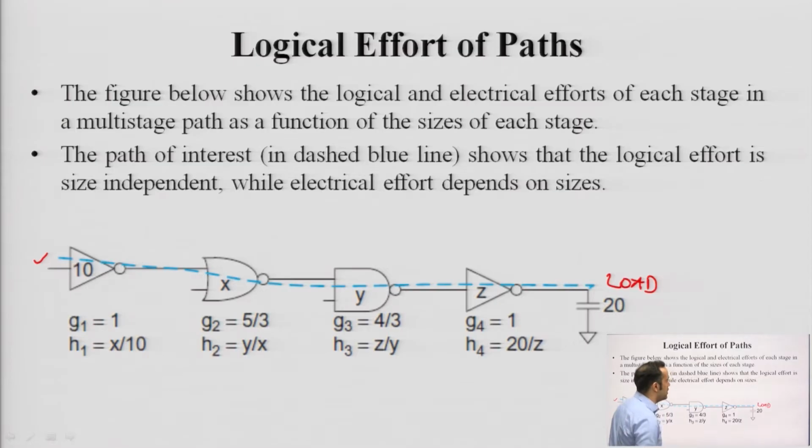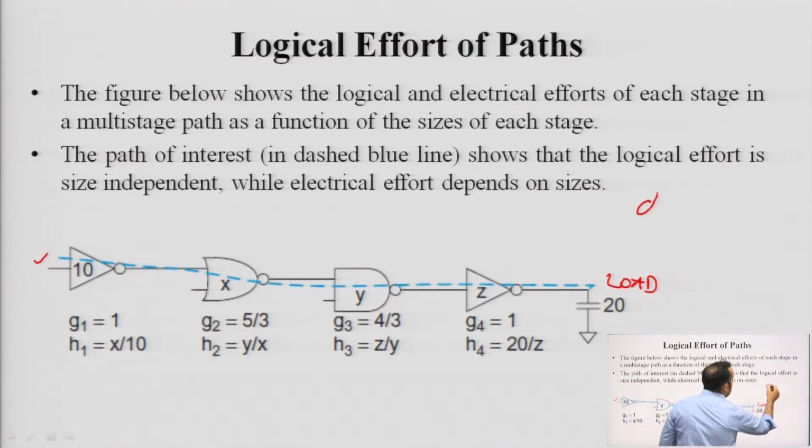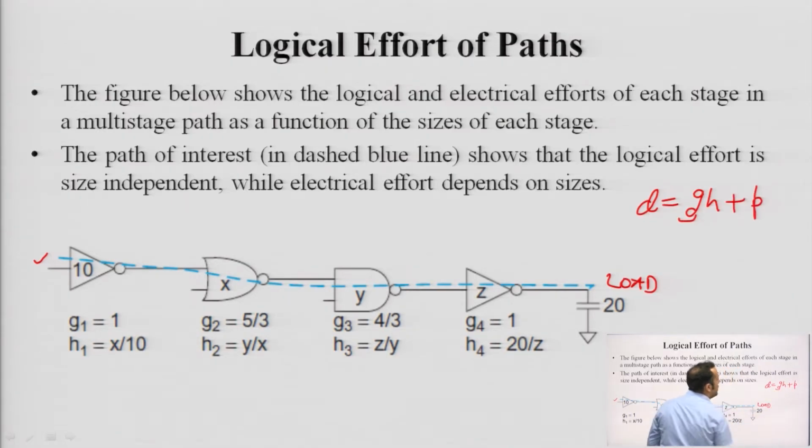If you remember the equation for normalized delay, G times H plus P, G is your logical effort and H represents your electrical effort. So, size does not affect logical effort.